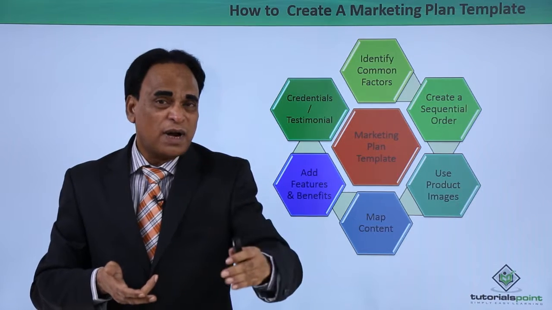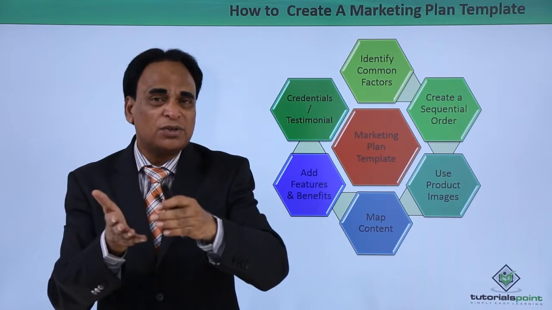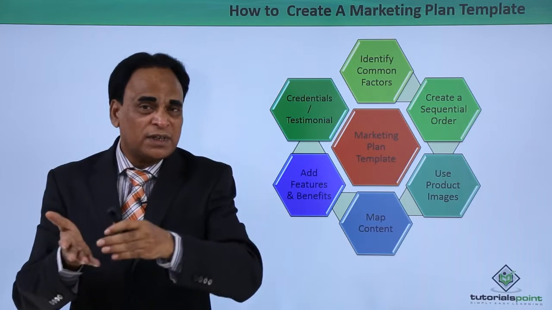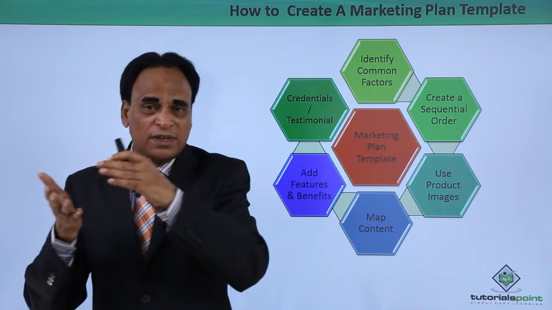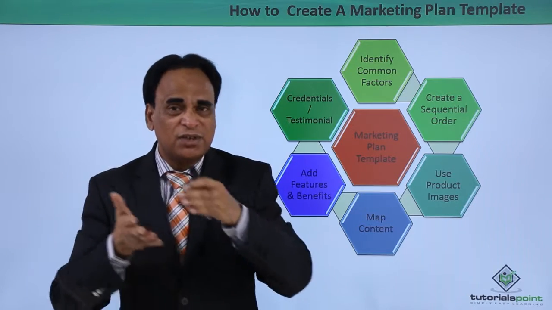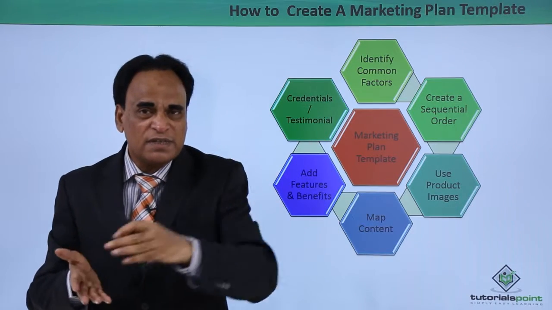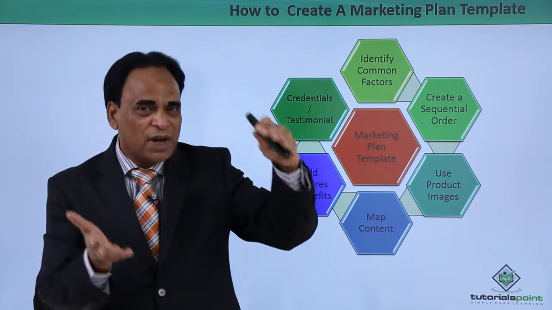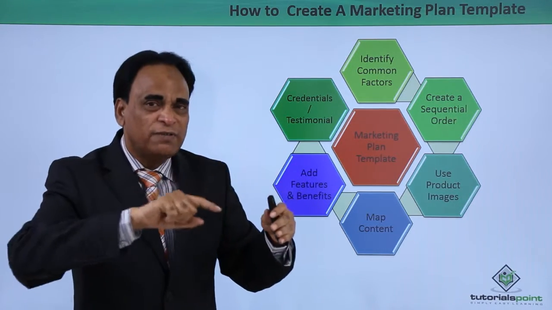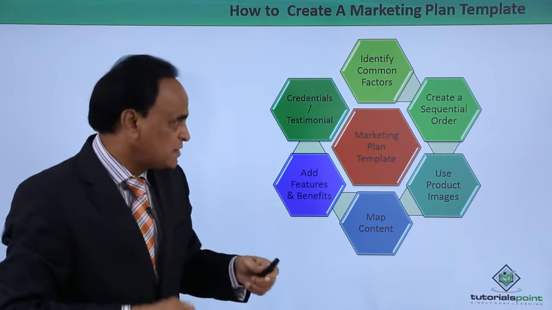Then you add the credentials, then you add the product. What is the product? The product is all about these so and so factors. Then you have the features, then the benefits, then the pricing, then the scheduling. This is basically a sequential order. You need to create a sequential order. When you have a sequential order, you can tweak wherever and whenever it is necessary.